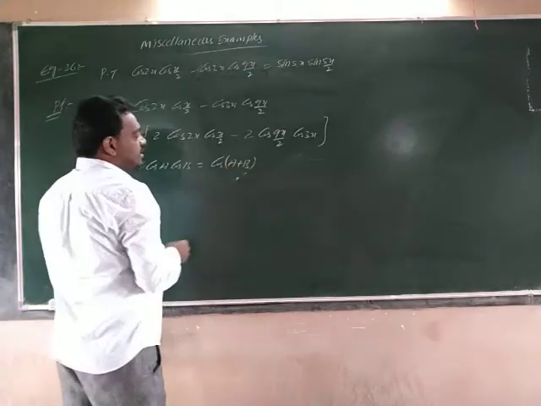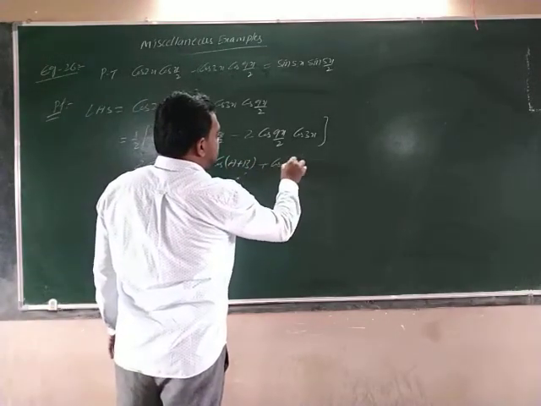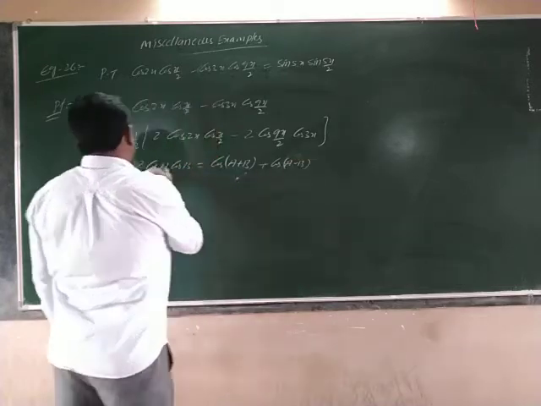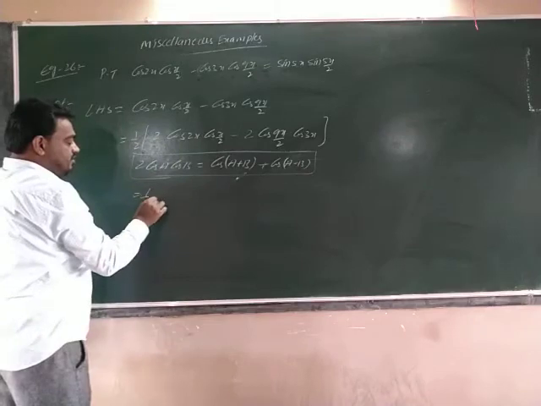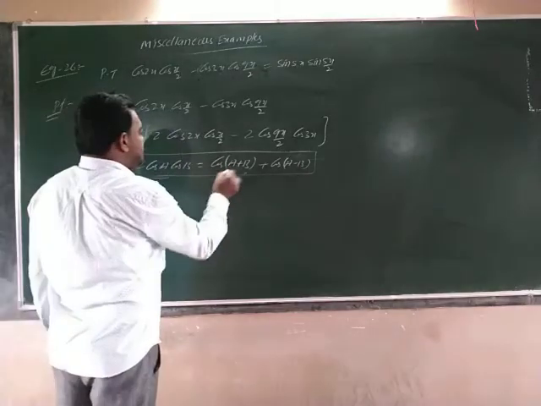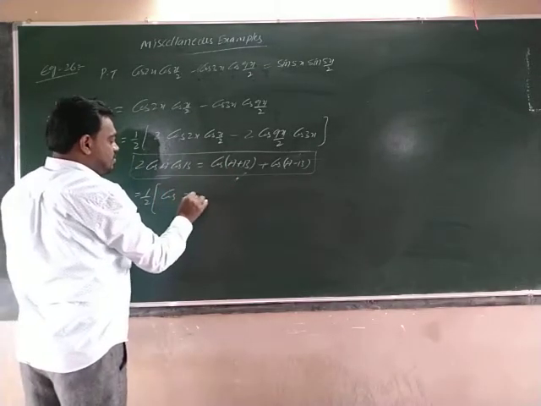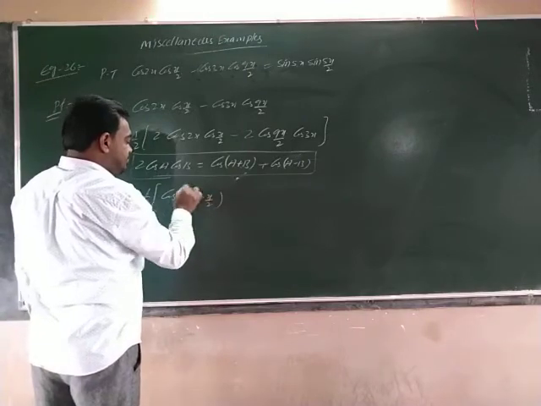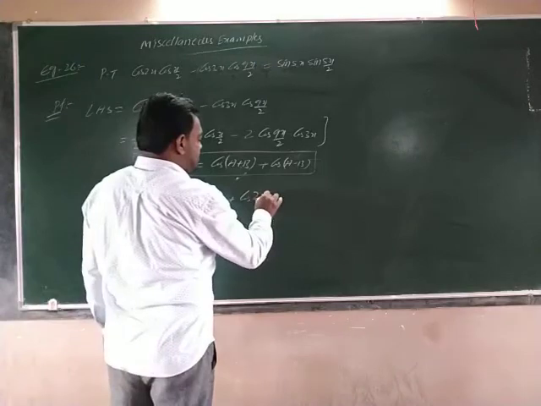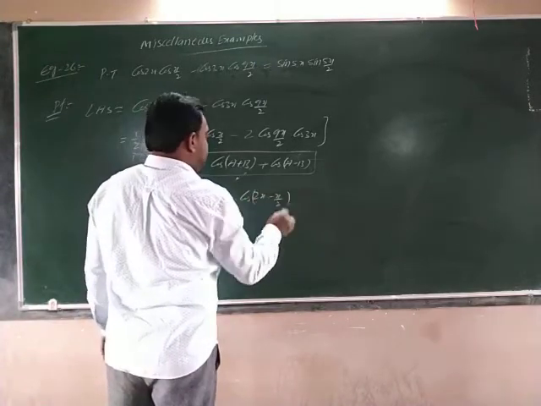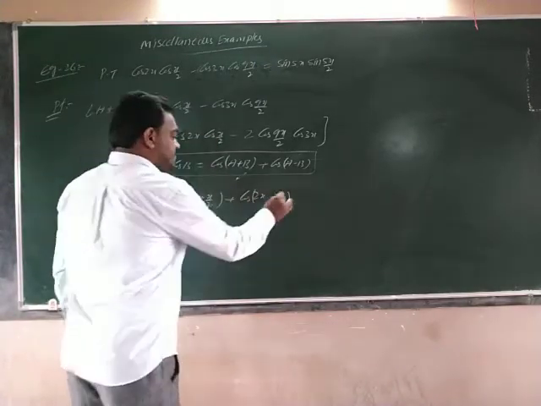Cos A plus B plus cos A minus B. You apply now this formula for both terms. So what we are getting is 1 by 2 into cos A plus B, that is cos 2x plus x by 2, plus cos A minus B, 2x minus x by 2. This is finished for this term.